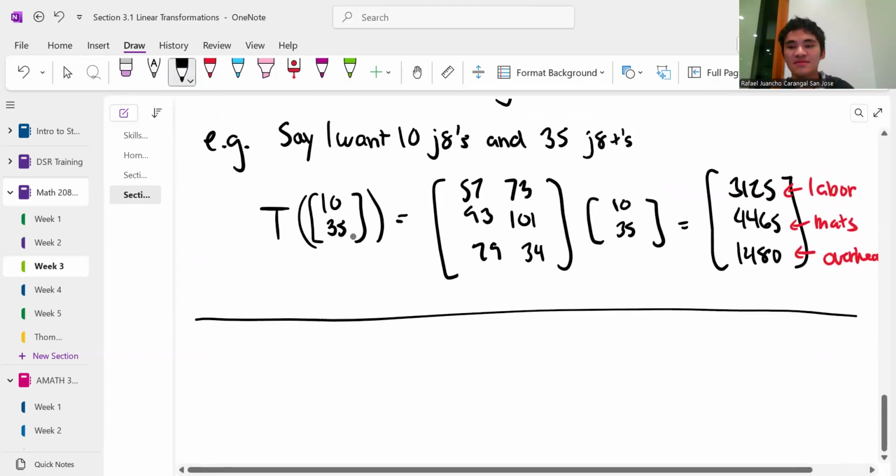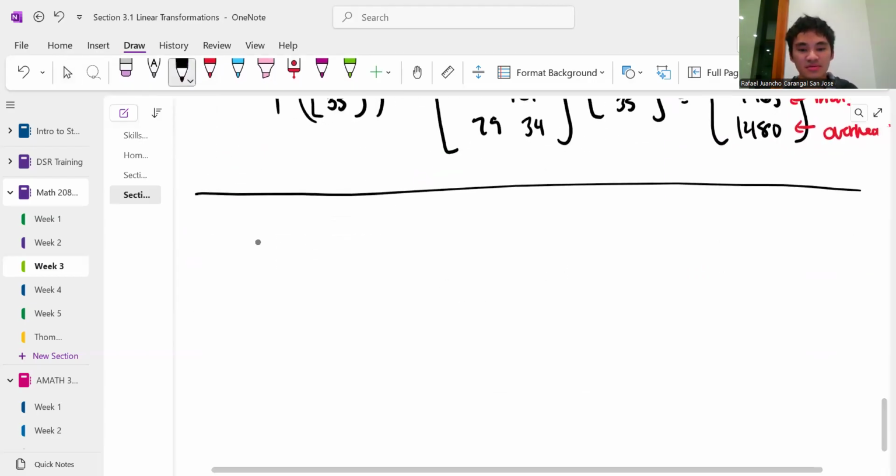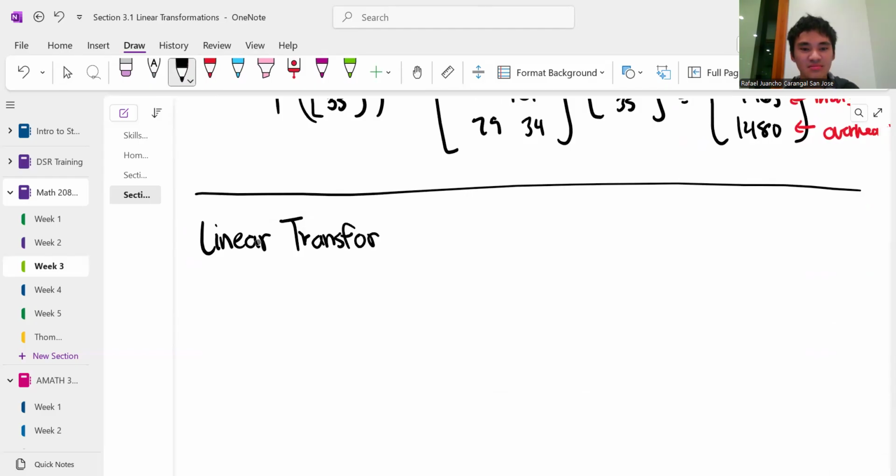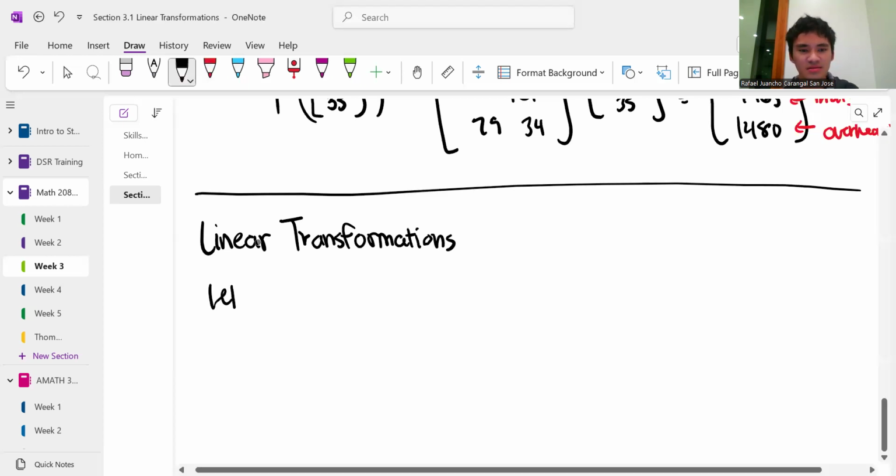Great, fun stuff. Now let's actually go into the topic of linear transformations. We actually kind of did it already, but we're just going to formalize it here. That smartphone cost function is an example of an important class of functions called linear transformations. Here we let T be a function.